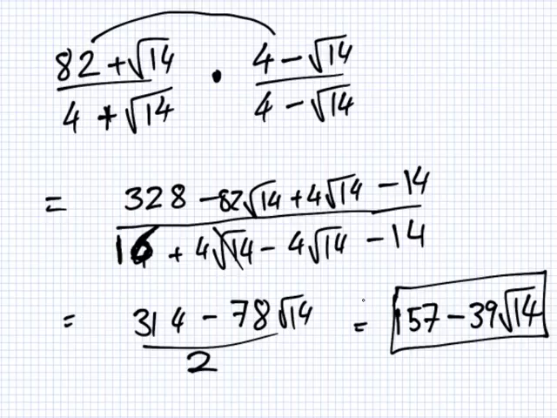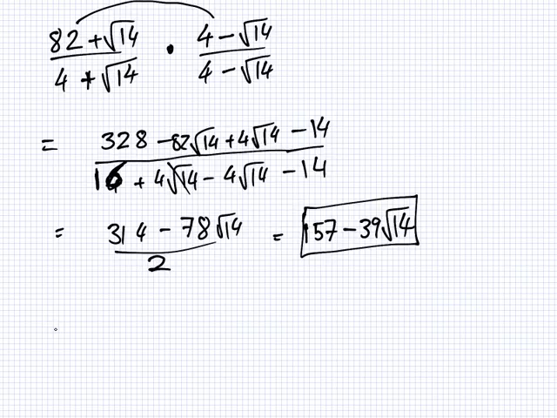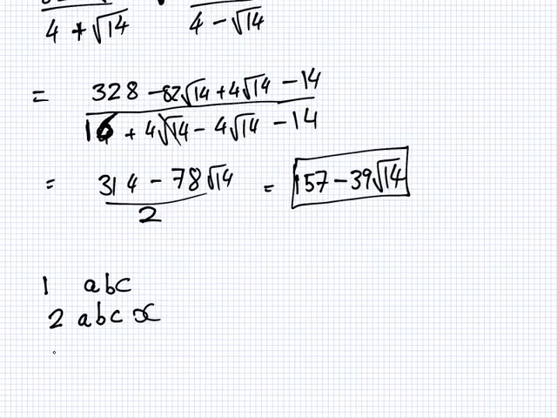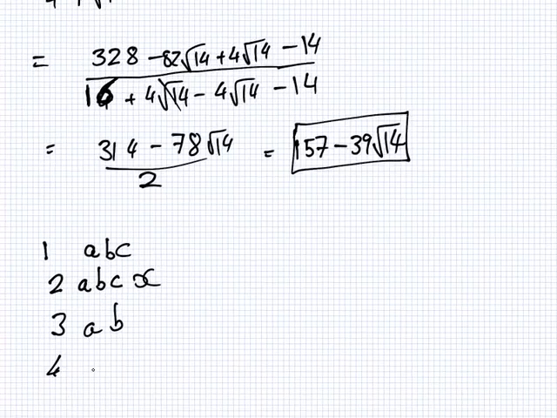Let me tell you which ones to try now. We'll just say 1 A, B, C, and then 2 A, B, C, X, and then 3 A, B, and 4 A, B, Y. Okay.